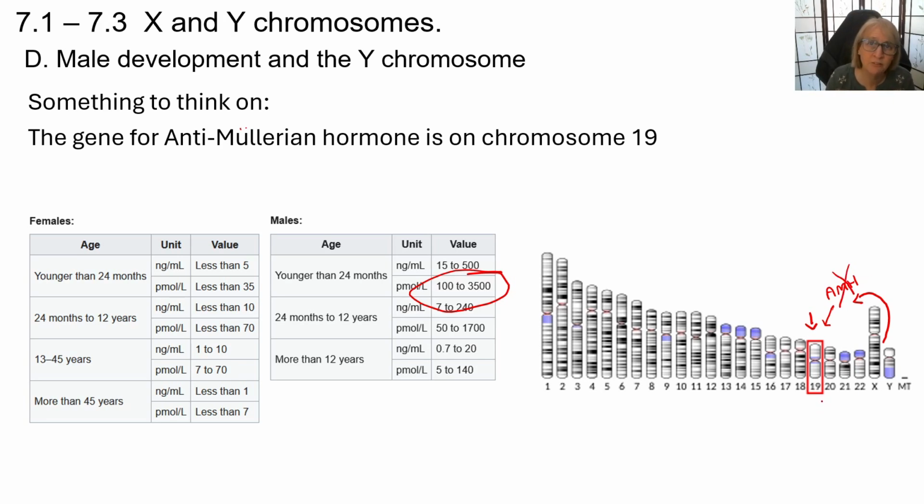And what happens to the phenotype of the individual that has that? We'd see their chromosomes different from their phenotype because we are not able to see whether the gene is activated or not. We can just see the presence or absence of the gene when we look at a karyotype.